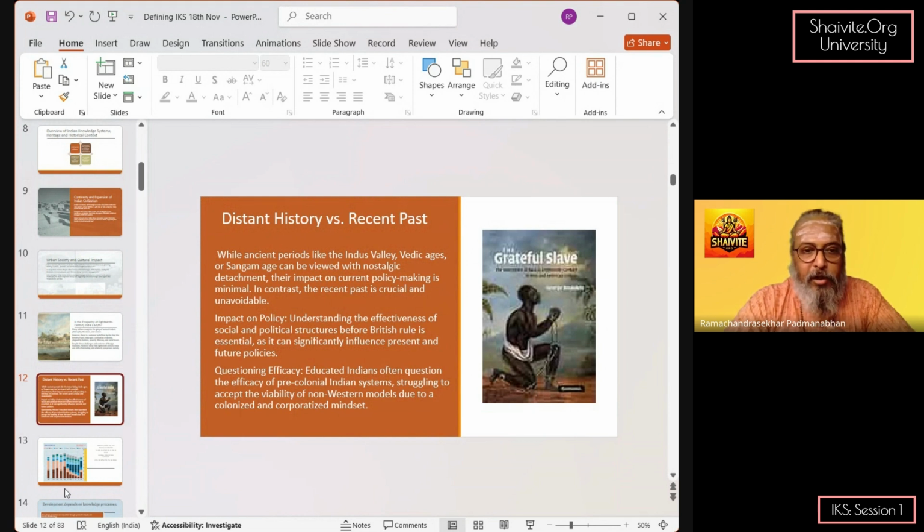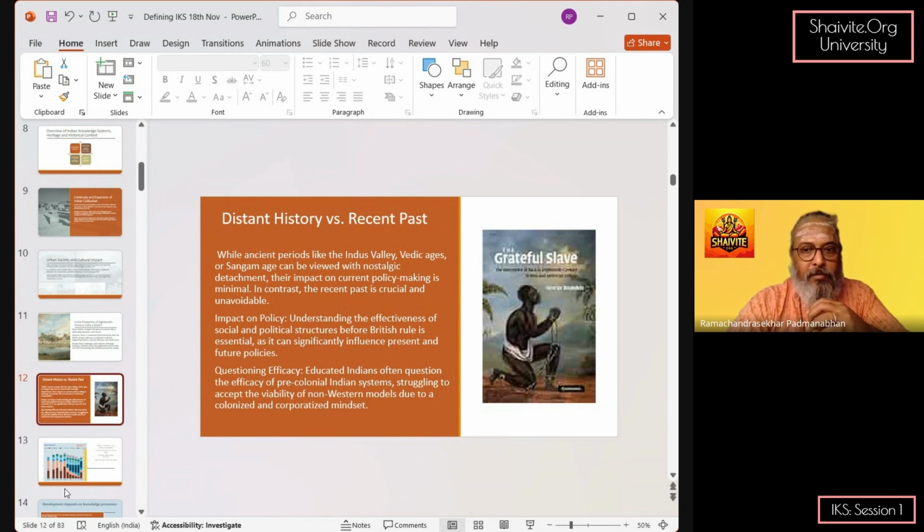Why is it important to know the 18th century India? Like I said, it's very easy for us to accept and move on that the ancient past of India was glorious. But understanding the recent past is even more crucial because that dictates the effect.